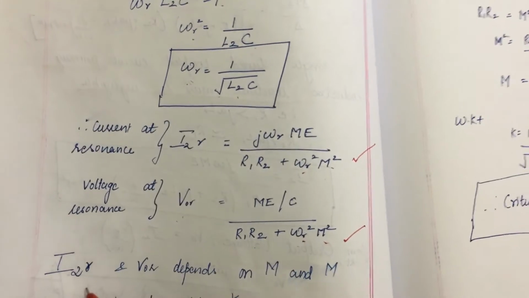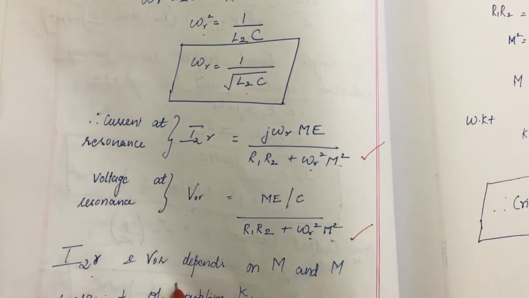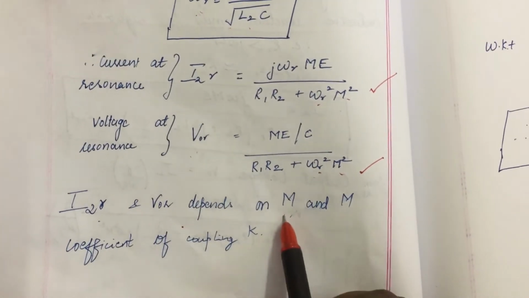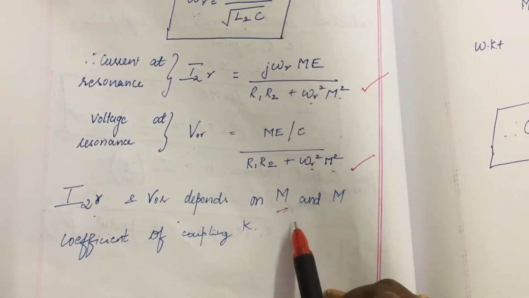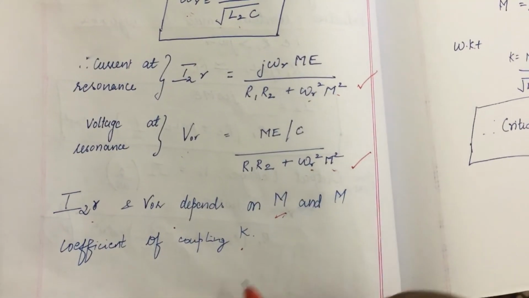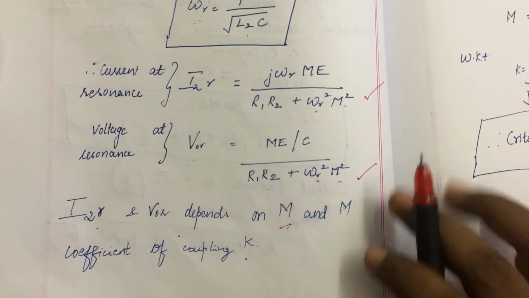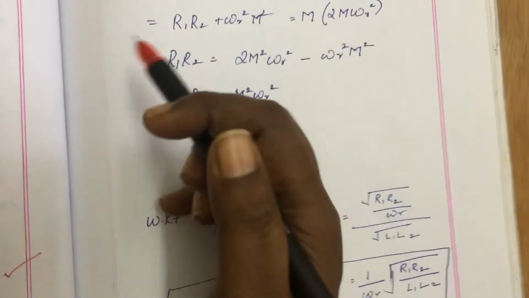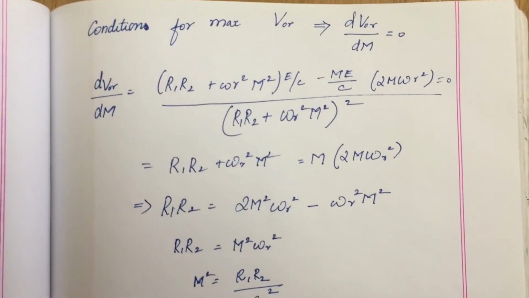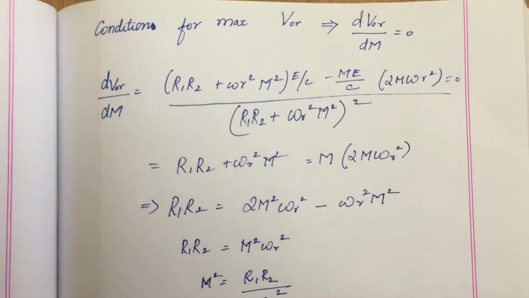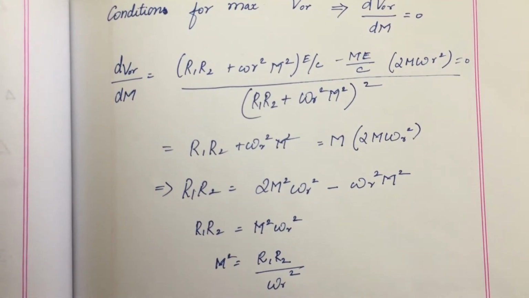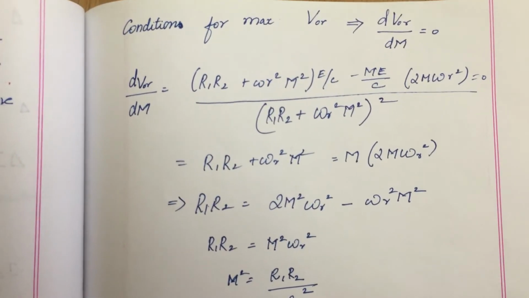Now current I2 at resonance and voltage at resonance depend on your mutual inductance M and coefficient of coupling K. So let us see that condition. The condition for maximum V0, maximum resonance voltage, is dV0 by dM equal to 0.